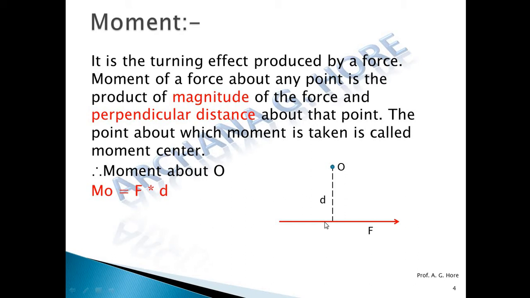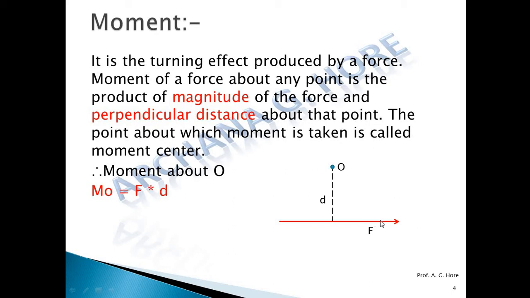Now here we are going to take the moment of this force about point O. So O is the moment center and D is the perpendicular distance of the force from the point O. Moment about O is equal to the product of the magnitude of force and perpendicular distance, and this force is rotating anti-clockwise like this.